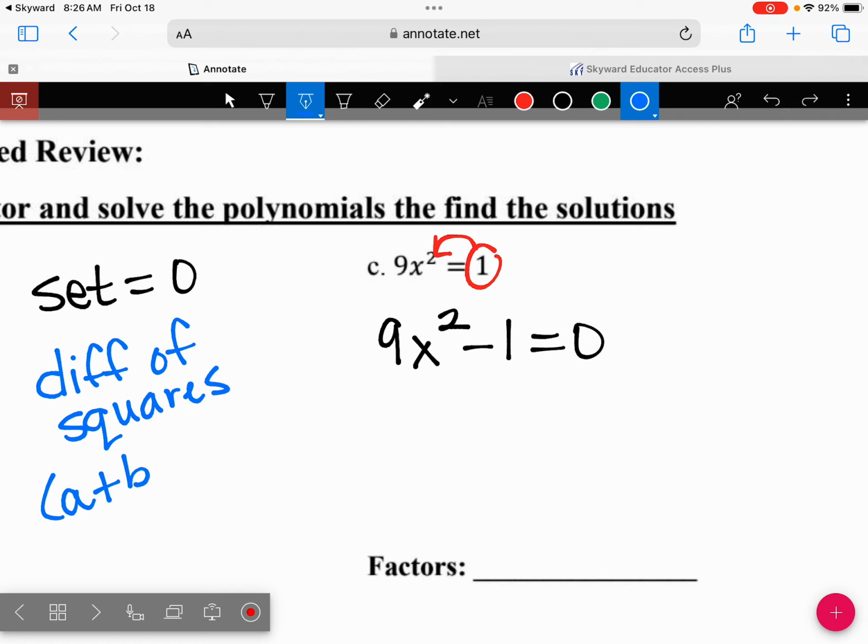So take a minute and see if you can figure out what our 2 factors would be for this question. You have to figure out what number multiplies to give you 9, what number multiplies to give you 1.